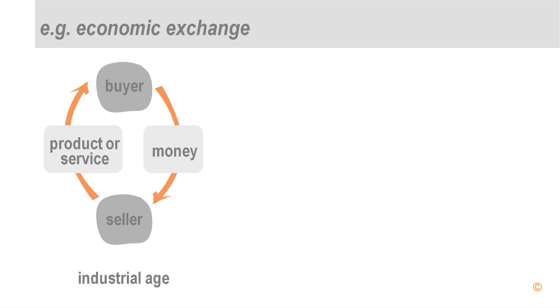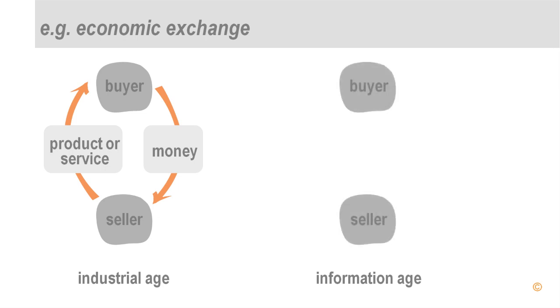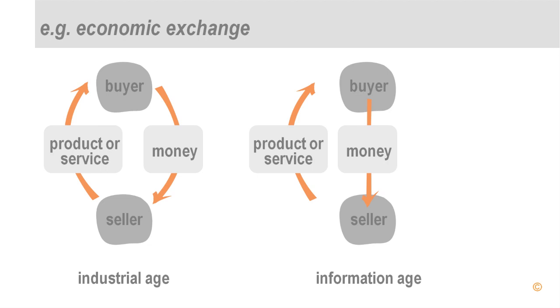Now, when we come to an information age organization, that exchange obviously is still valid. We have a seller and a buyer, so the seller provides goods and or services and the buyer pays money. But there is more that the seller can give. The seller can give additional value.